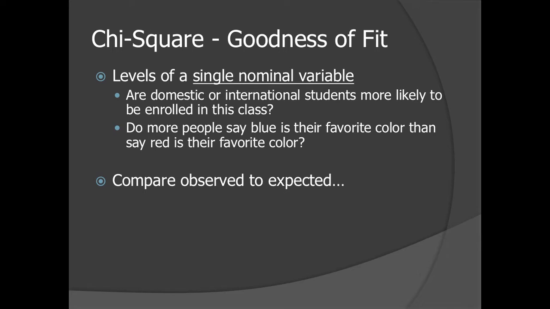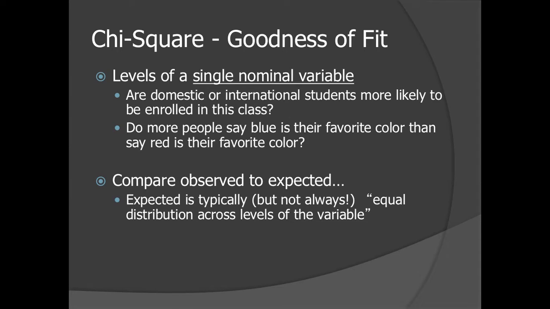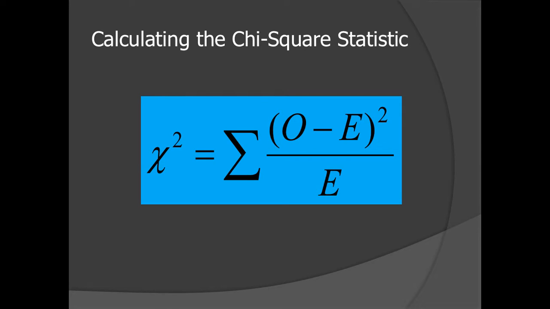And we would then compare the observed frequencies, which is what we get from our data, to expected frequencies. Expected frequencies are frequently equal distribution across all levels of the variable, but not always. It depends on the exact question that you're asking. So the formula for the chi-squared statistic, which you will be calculating on your own, is the observed frequency minus the expected frequency.